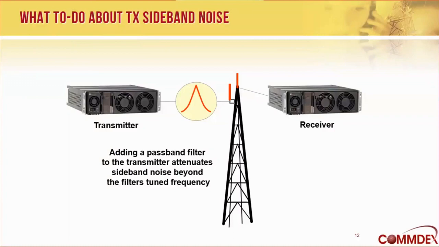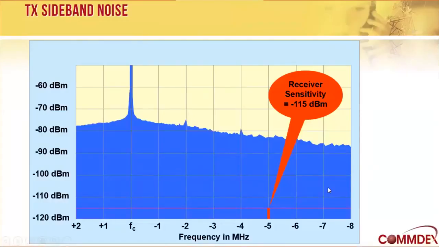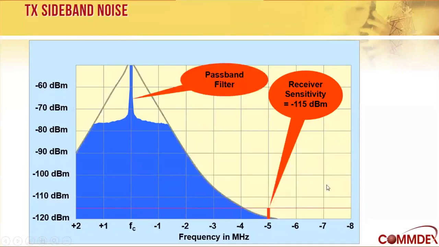So just the opposite of what we did with the notch filter. And let's see what effect that has on our receiver. Well, now we see we put that bandpass filter on. We've lowered the transmitter noise curve below the receive sensitivity line at the receive frequency. So that's certainly a good thing.